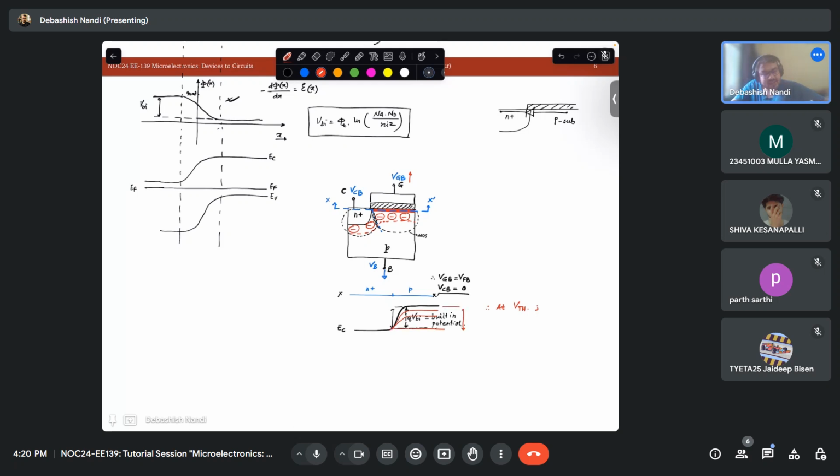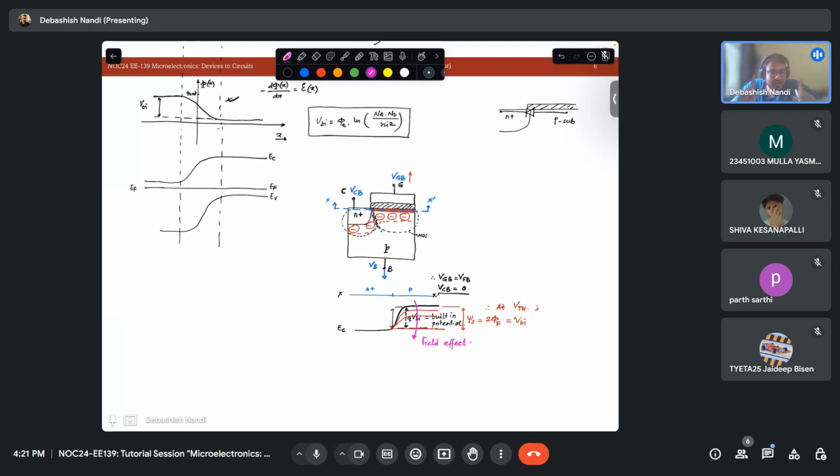This difference, the surface potential, becomes 2 phi f at this location. Miraculously, this is almost equal to your VBI. That means this shift is your field effect.